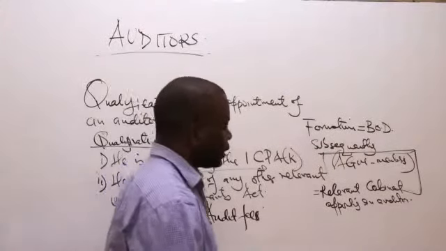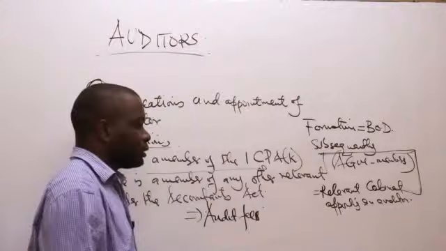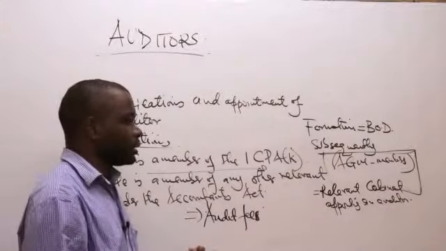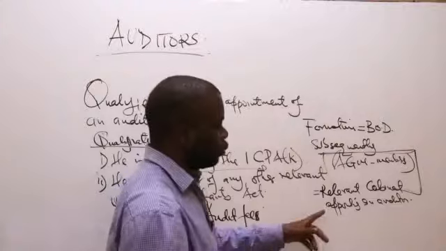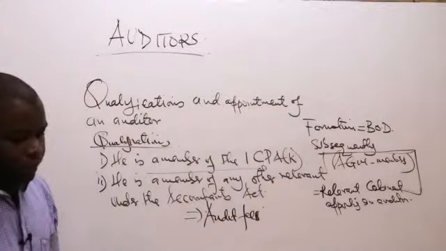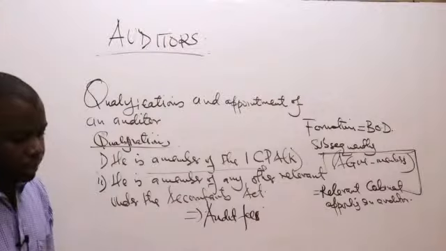If the company fails to appoint the auditor, the company could make an application to the relevant cabinet secretary to appoint the auditor of the company.